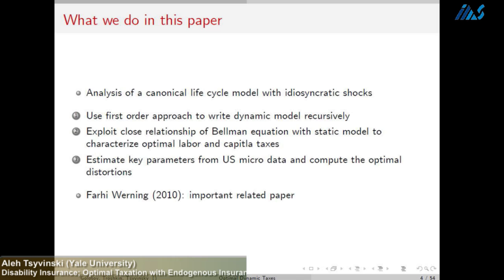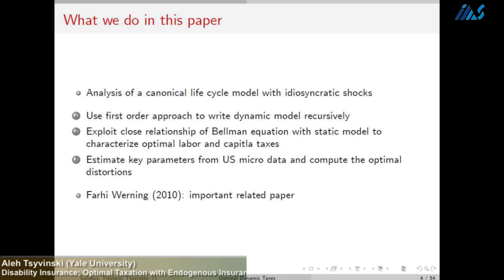Even if you know quite well the classic static Mirrleesian taxation, you would still be somewhat puzzled about how dynamics relate to it, because the tools and techniques seem so different. And here I'm going to rewrite them all recursively.